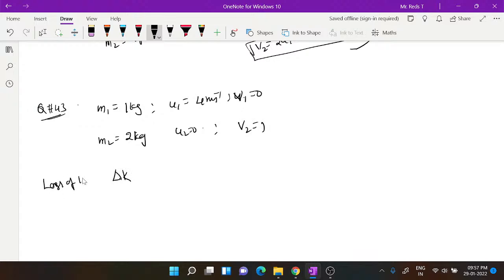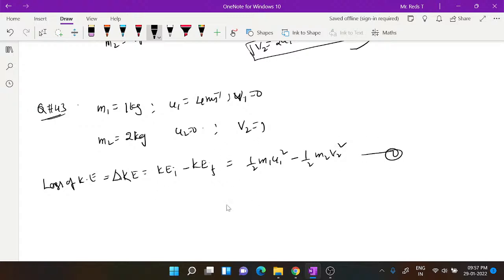Loss of kinetic energy is equal to delta K. Before collision, the initial kinetic energy of the entire system is the kinetic energy of the first block only, because the other is at rest. So it is half m1 u1 square minus, after collision the first body stops, so its kinetic energy will be half m2 v2 square.